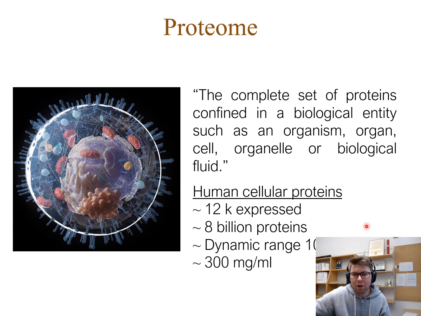So the proteome already at the cellular level is extremely complex, and this is not even taking into account that proteins are regulated in both space and time. So in space by confinements in subcellular structures, and in time throughout the cell cycle.